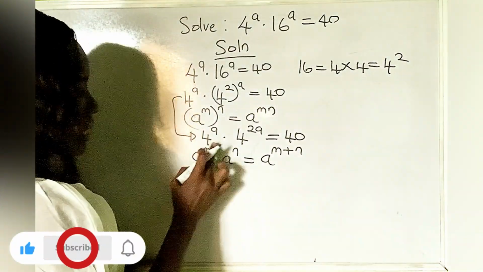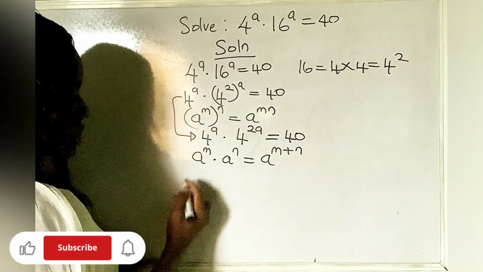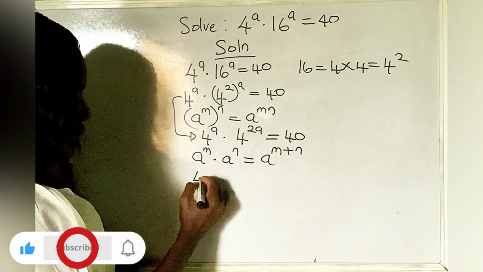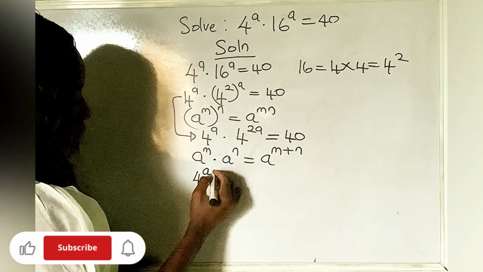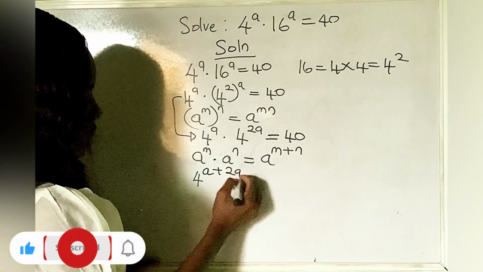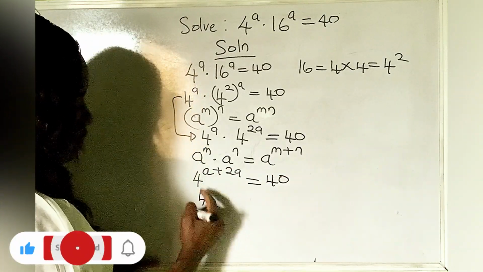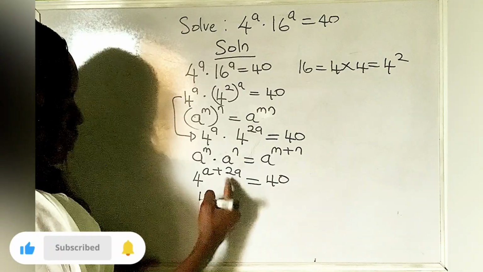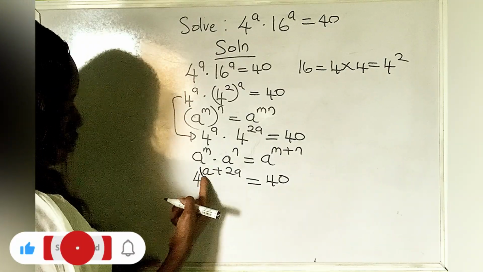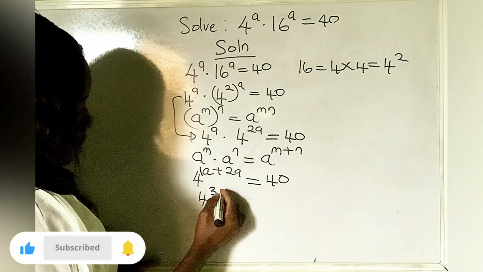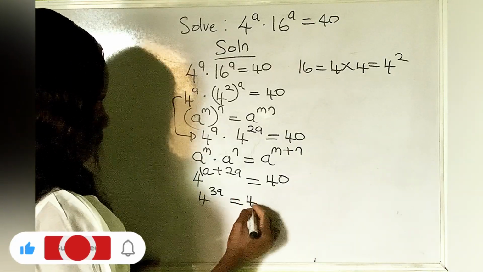So now let's add the powers because we have base 4 and base 4. We have 4 raised to power a plus 2a, that's equal to 40. Okay, so this is 4 raised to 3a. We have an invisible 1 here: this is 1 plus 2, that's 3a, is equal to 40.